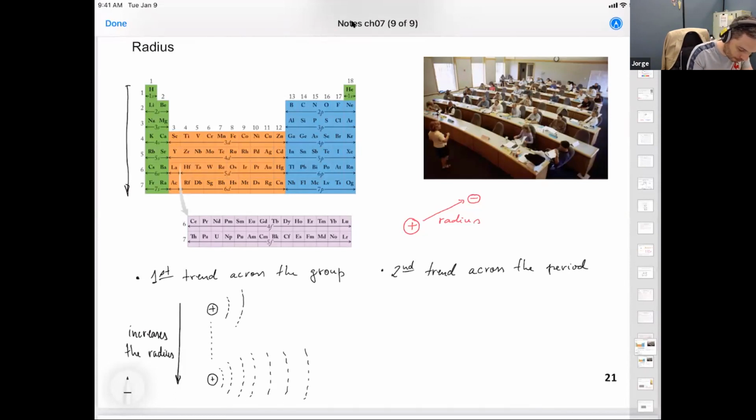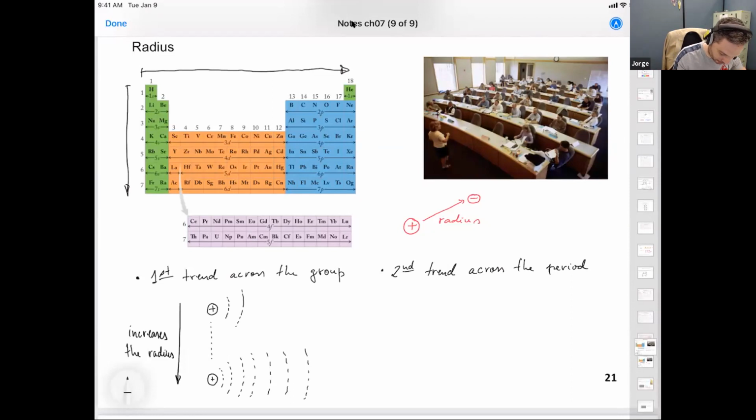Now I'm moving from left all the way to the right. And let's see here what happens. If we are moving in the same row, the number of shells is the same. What we are changing here is the atomic number, in other words, the number of protons. And let's see what happens with the attraction between nucleus and electron. Will it get stronger or weaker?